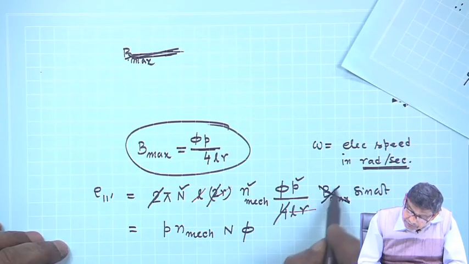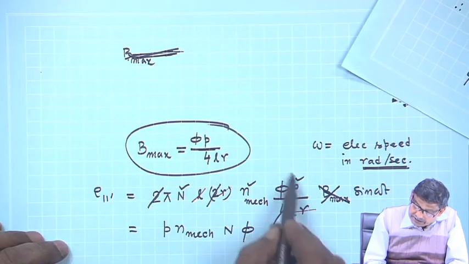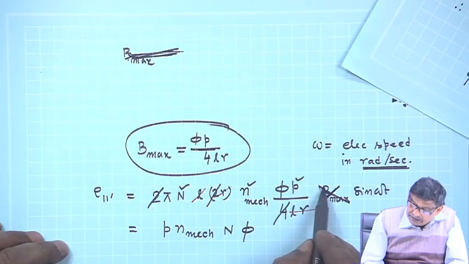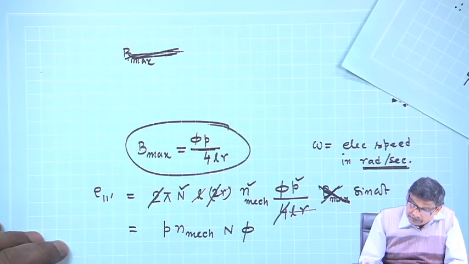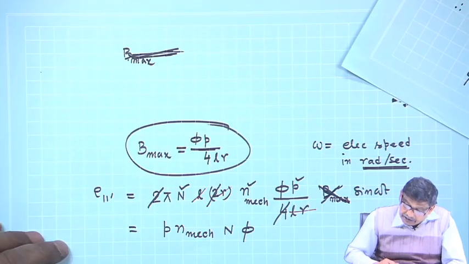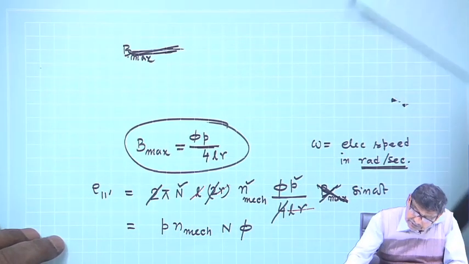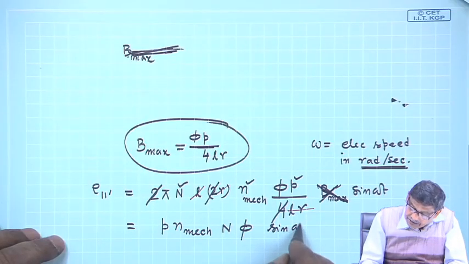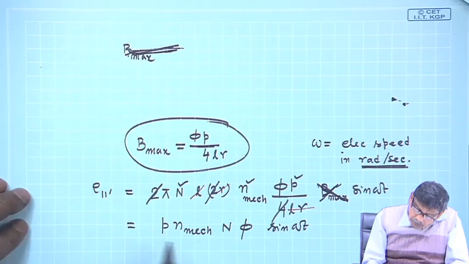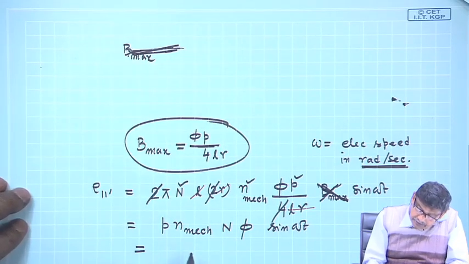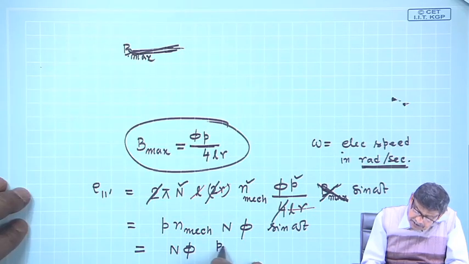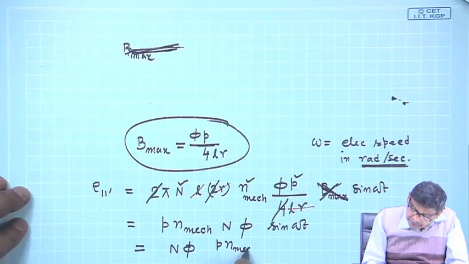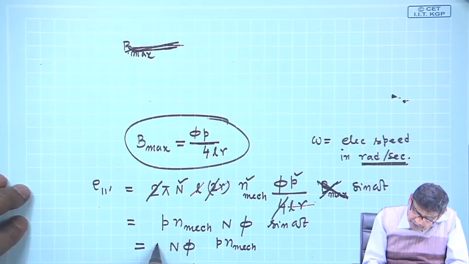I should not write B max because I have substituted B max by this. I wrote an extra B max, which must not be there in this line of derivation. So this is the thing, and then sin omega t. Now what I will do is write it like this, N phi, and this is P n mechanical, and I will multiply by 2 and divide by 2.